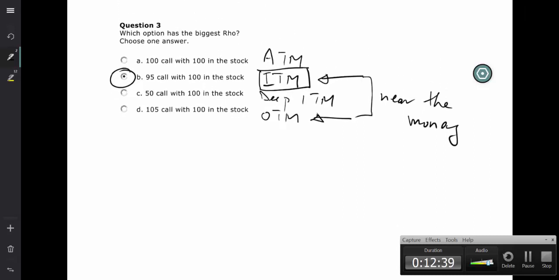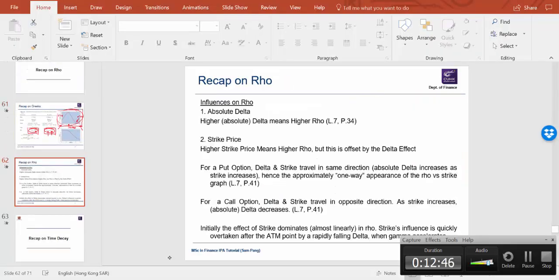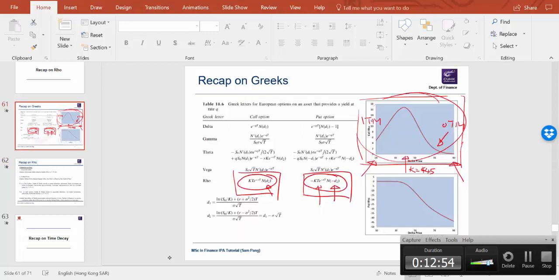If you read carefully my tutorial slides, I went on to explain and tried to give on this page the reasons why these graphs behave the way they do.